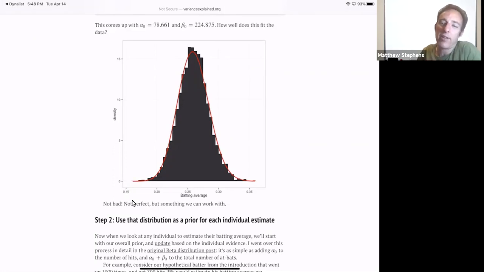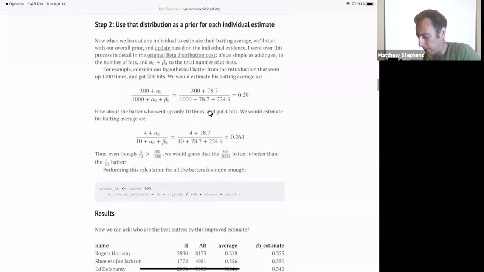Then the idea is that, having done that, you can combine the prior with your data on each individual to estimate their batting average. Notice here, this is a hypothetical batter that went up 1,000 times. That's 1,000 at bats, and they got 300 hits. So their MLE is 0.3, and they went up a lot of times.